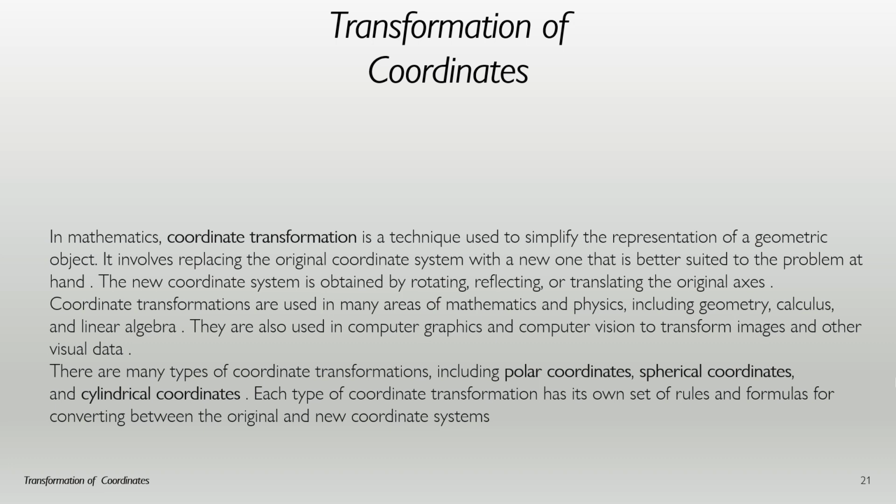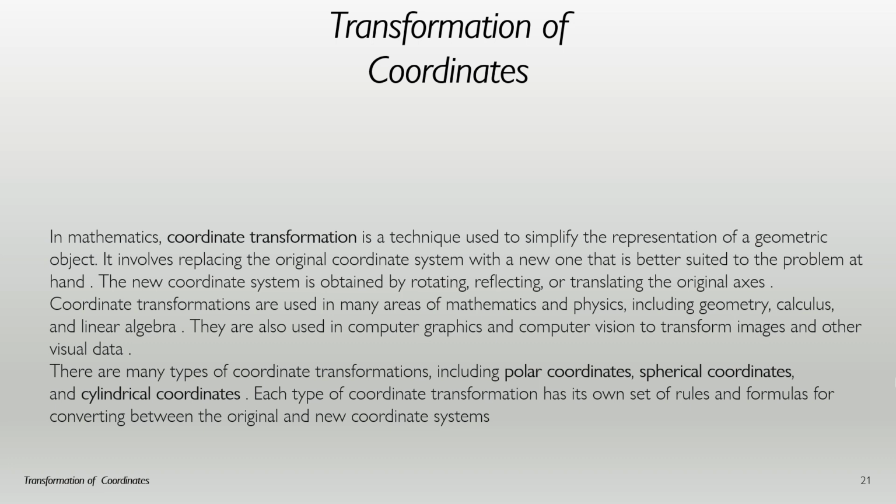The new coordinate system is obtained by rotating, reflecting, or translating the original axis. Coordinate transformations are used in many areas of mathematics and physics, including geometry, calculus, and linear algebra. They are also used in computer graphics and computer vision to transform image and visual data.